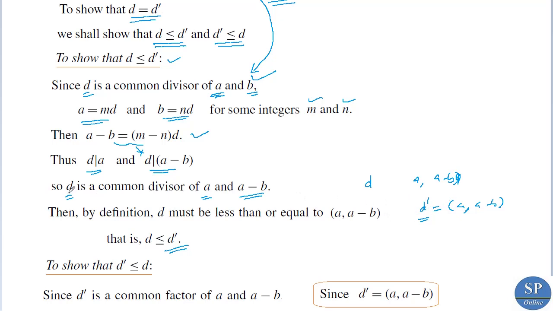So here we obtain that D is a common divisor for A and A minus B. Therefore, D should be less than or equal to D dash. So we proved this.